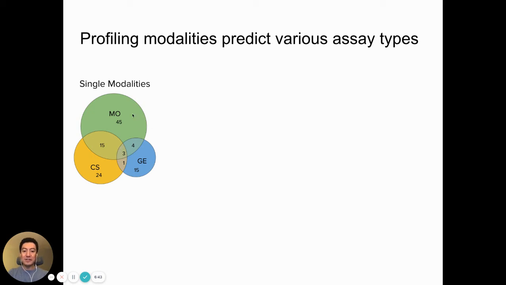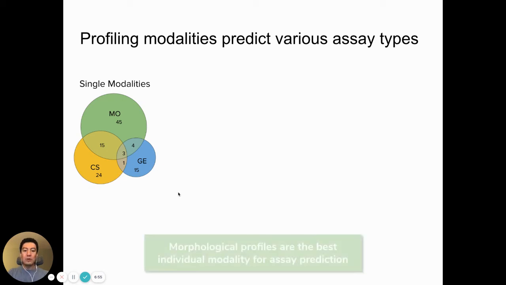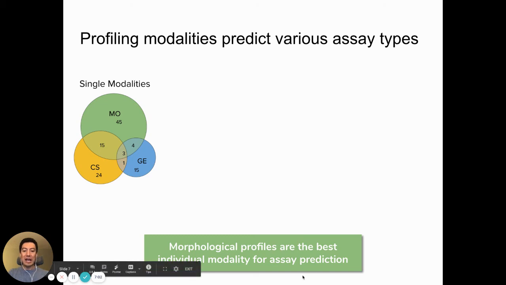The numbers in the Venn diagrams indicate the number of assays predicted with high accuracy. Here, MO means morphology, CS is chemical structures, and GE is gene expression. Morphological profiles are the best individual modality for assay prediction, yielding highly accurate results for 67 assays in total.